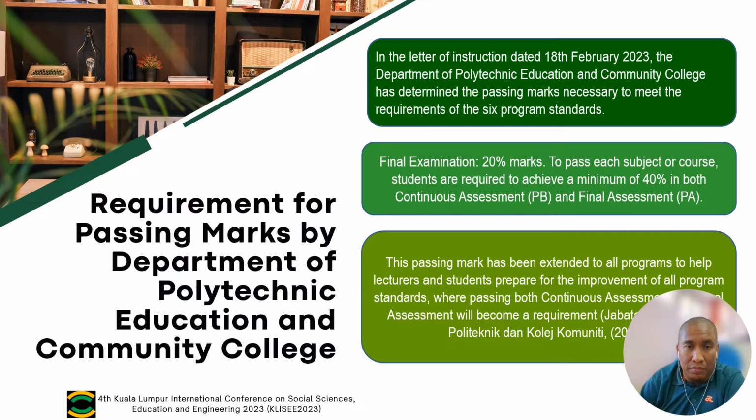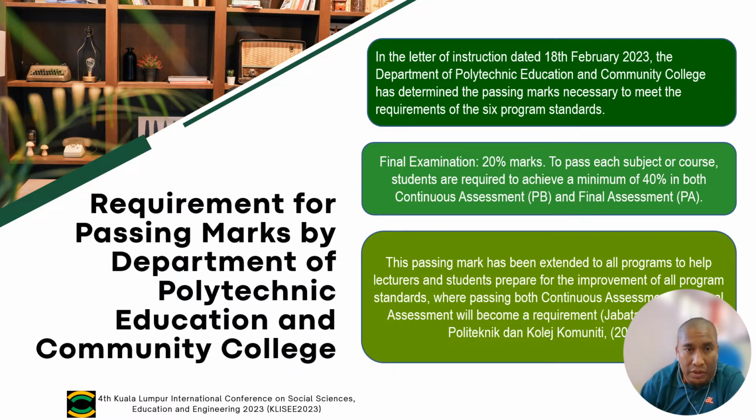This passing mark has been extended to all programs to help lecturers and students prepare for the improvement of all program standards. Passing both continuous assessment and final assessment will become a requirement.